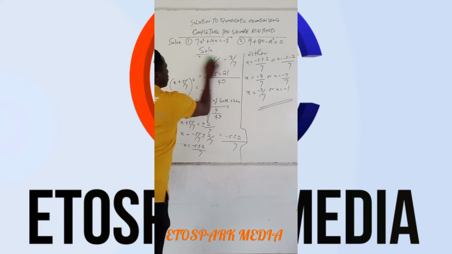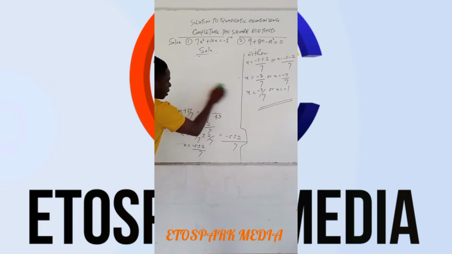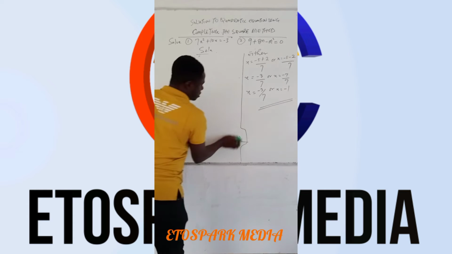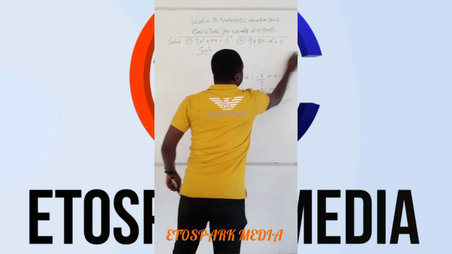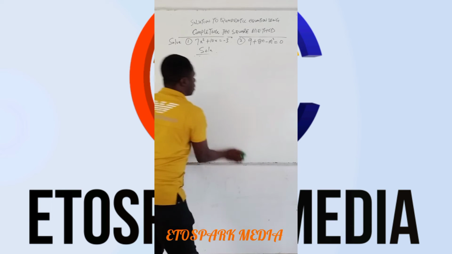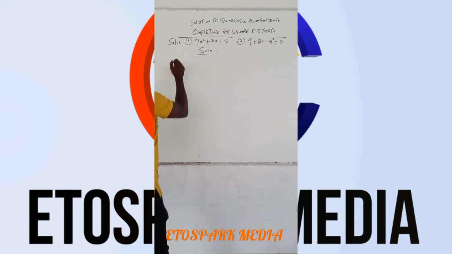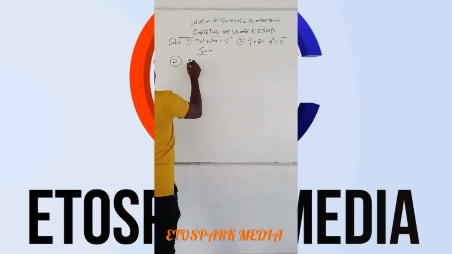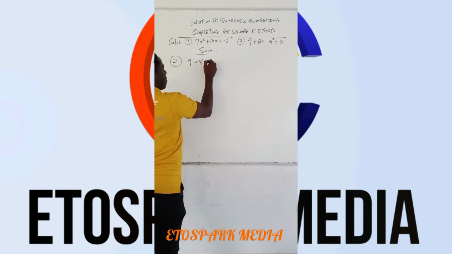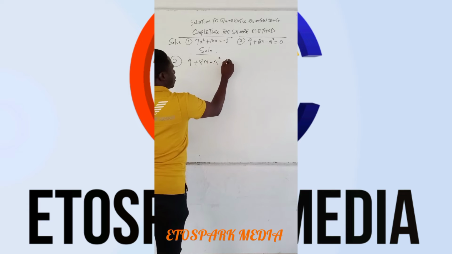So for the second question, let's move to the second question. Number 2, we have 9 plus 8m minus m squared equals 0.